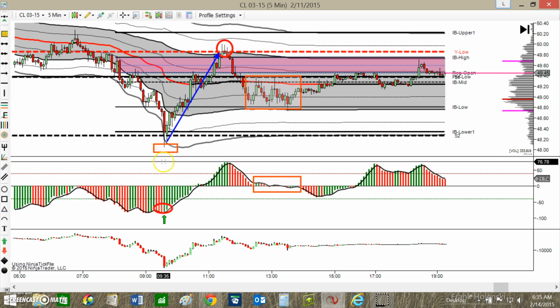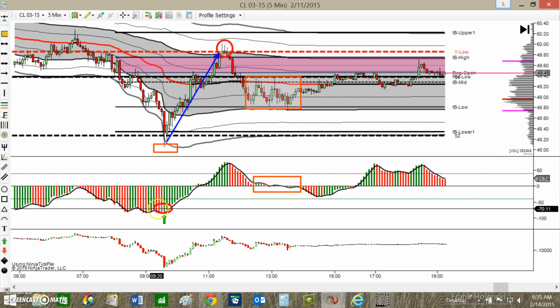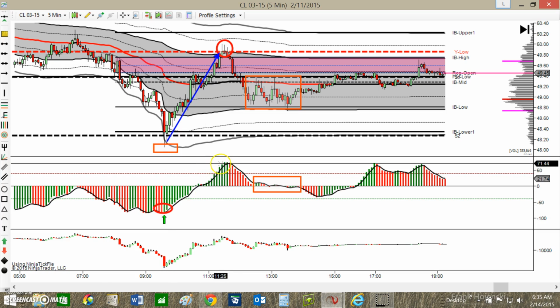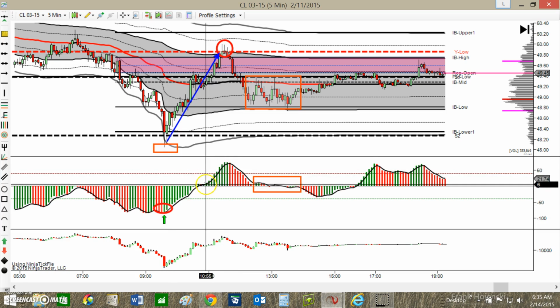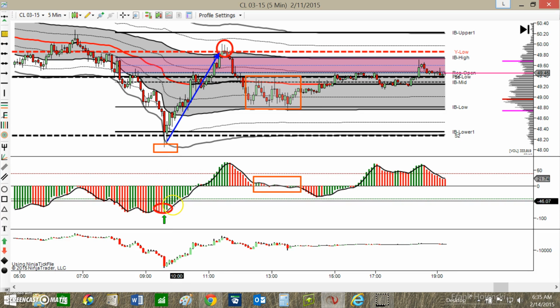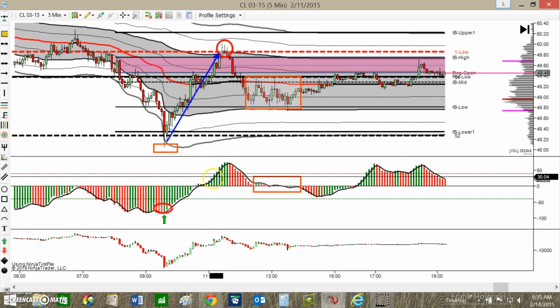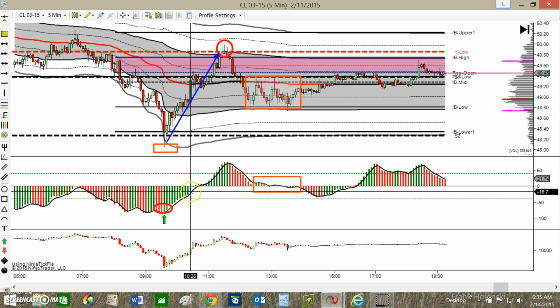So there are many ways to use the inflections of the SMI2, and I just follow the green-red inflections of the momentum, as well as this EMA line, a smoothed EMA of momentum, and I follow the slope of that smoothed EMA, so that I know that the trend direction is really moving and I can stay in the trade.